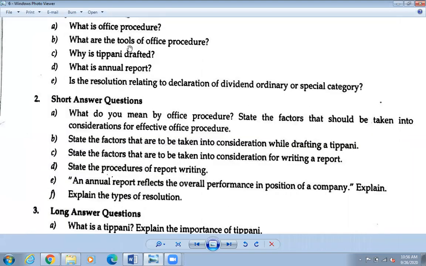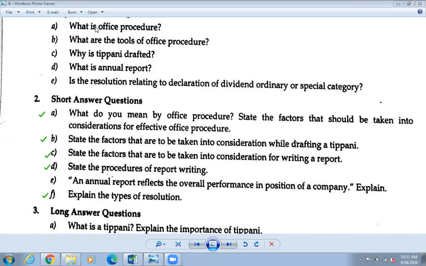Which ones have we done till now? 1A we have done. 2A, 2B, 2C, 2D we have done, procedure also, and number F, types of resolution, also done. Number E we have not done. So let us discuss number E from question number 2.